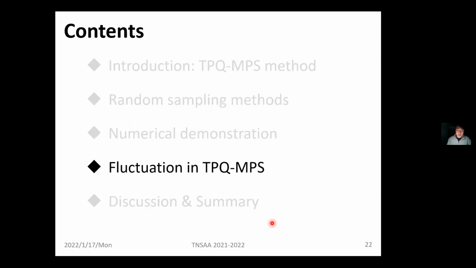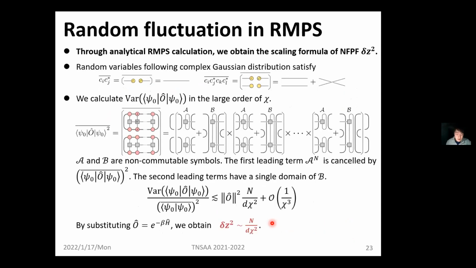Next, I explain the analytical derivation of the scaling formula of the NFPF in TPQ-MPS. I hope the audience who are specialists of tensor networks are familiar with the Penrose diagram I use in taking the random average by hand. We consider a set of random MPS, which we denote as random MPS with auxiliaries, psi0.